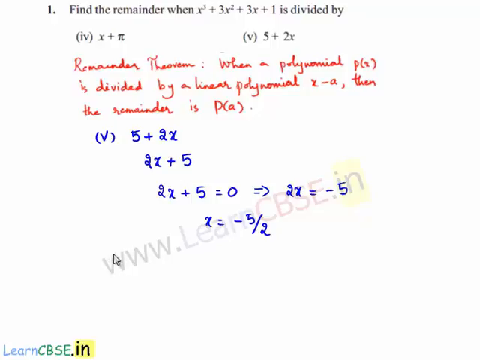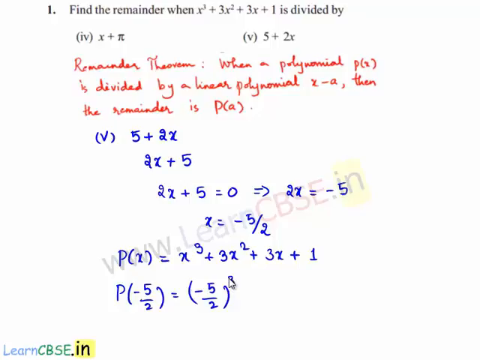Now let us substitute p of x is equal to x cube plus 3x square plus 3x plus 1. In place of x, substituting minus 5 by 2, we get p of minus 5 by 2 is equal to minus 5 by 2 whole cube plus 3 times minus 5 by 2 whole square plus 3 times minus 5 by 2 plus 1.